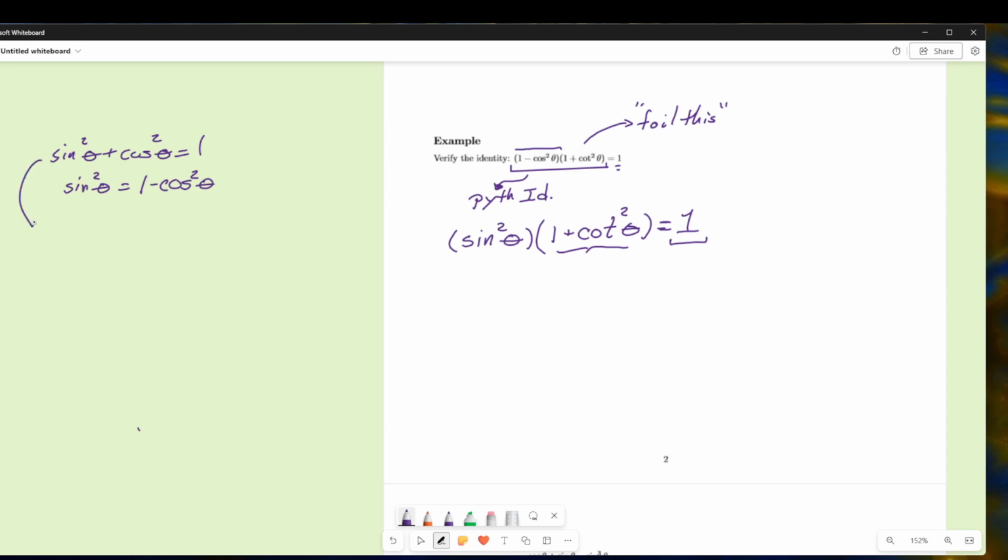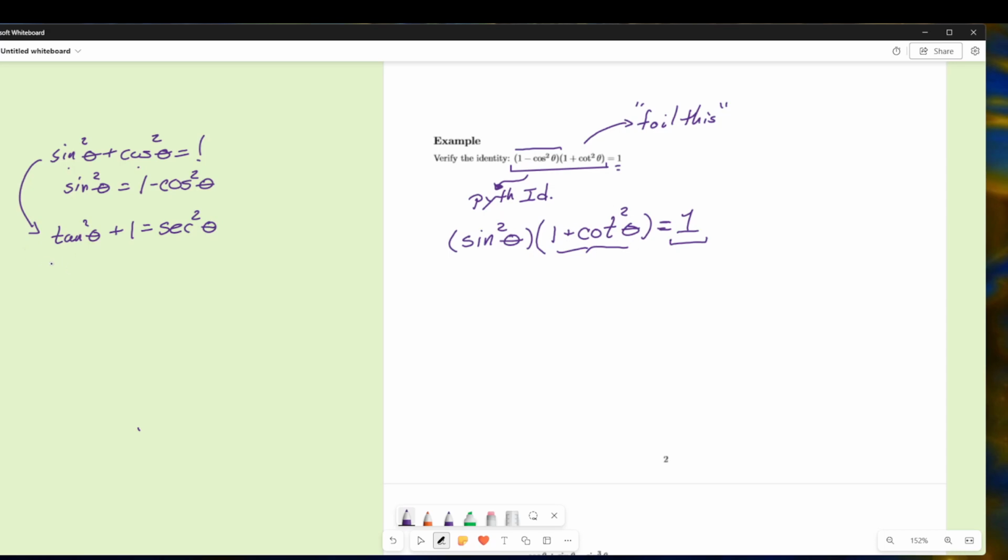So we go look at our list of Pythagorean identities. You've got it on that first sheet, and you'll see we've also got tangent squared theta plus 1 equals secant squared theta. That's just built by dividing each one of these by cosine. And that's got tangent. We really want one with cotangents.